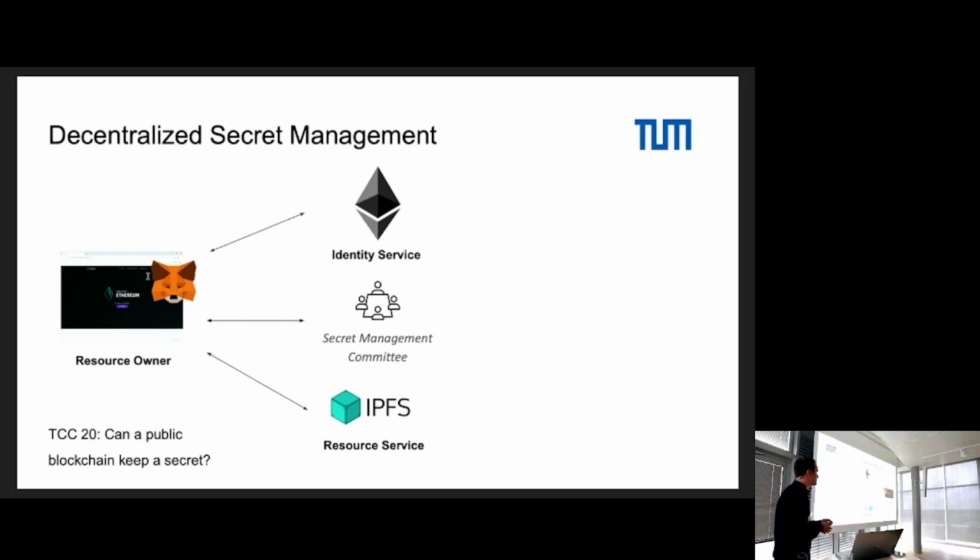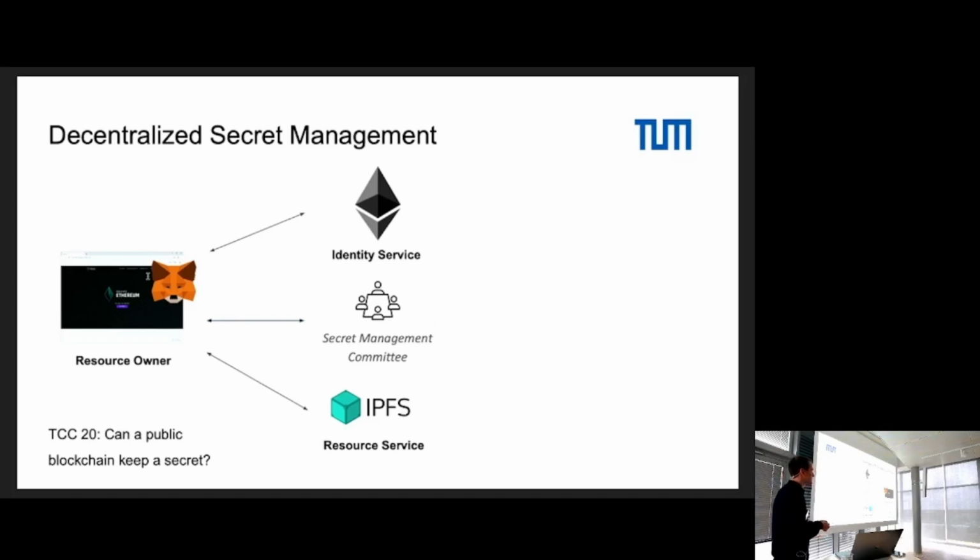So the idea is to put the secrets on-chain or to some other entities. We cannot today put our secrets on the chain directly because blockchains lack secret management functionalities, but there is also research on how this can be achieved.